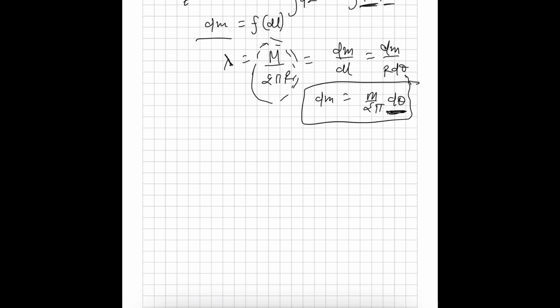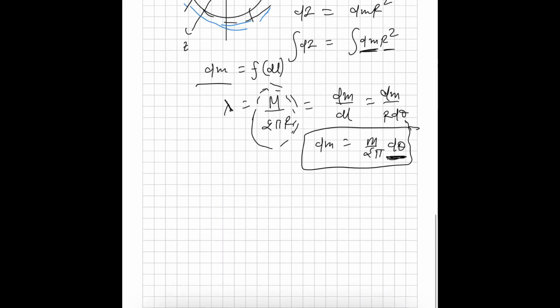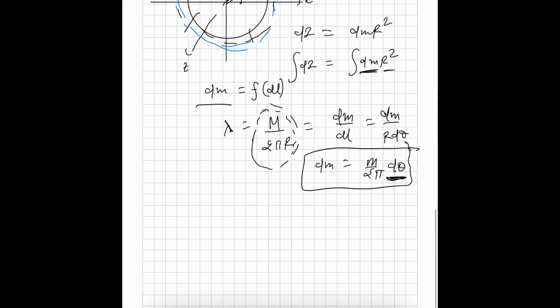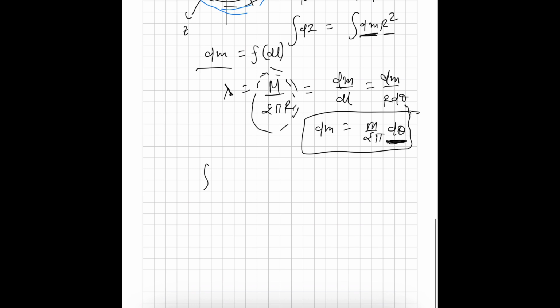So I've got d theta. Okay, so let me write down this expression. Integration dI, M over 2 pi d theta r square.